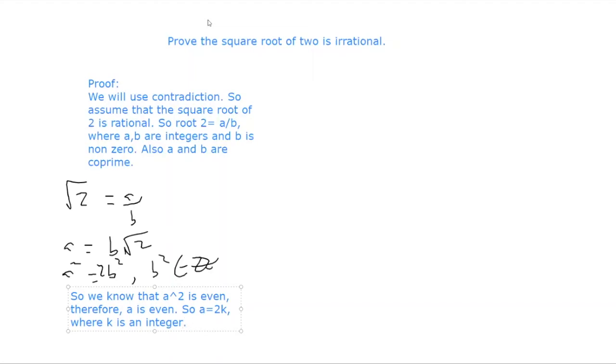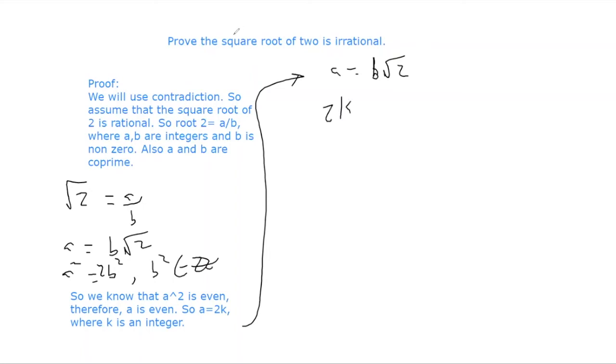So now we can play around with that. I'm just going to move the rest of the proof over here just so I can keep it on one page. So we have a equals b root 2. Just going to replace a with the definition of even, so we'll have 2k equals b root 2. So we have b equals 2k all over root 2, square both sides, so we'll have b squared equals 4k squared over 2.